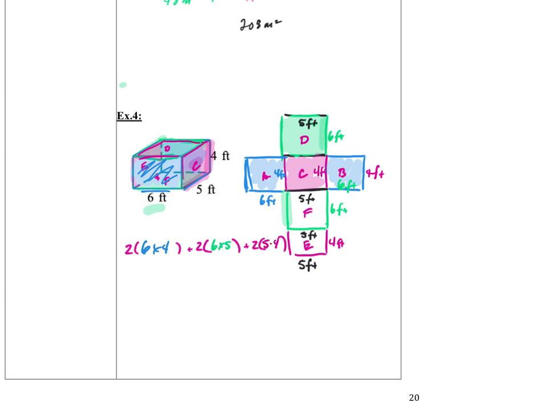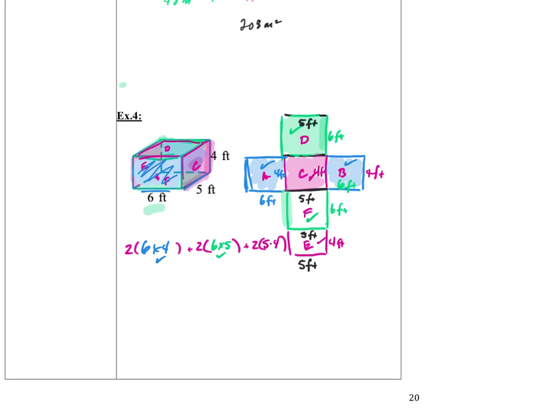Notice we have a 5 by 4 and a 5 by 4 here, right? We have our 6 by 4s, which are right here. And we have our 5 by 6s, which are here. Okay, and so that's all the shapes accounted for.